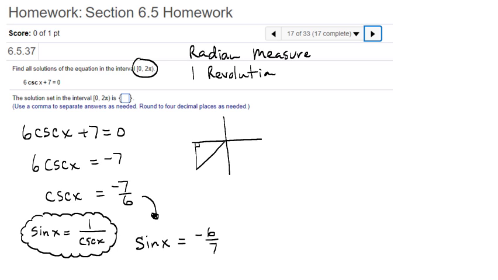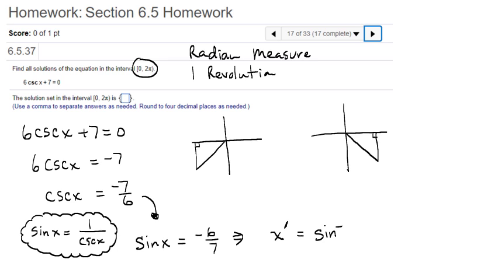All right, since it's negative, and no matter which way anyways, I'm still going to figure out what is the reference angle. So the reference angle is going to be made by finding out the sine inverse of the positive value. So sine inverse of 6/7, again, have to punch it in on a calculator most likely here, but what we really are trying to find before we punch it in is this place right here.